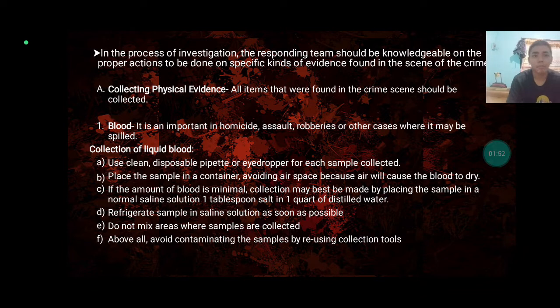So next, blood. It is important in homicide, assault, robbery, and other cases where it may spill. It is categorized in major groups A, B, or O, depending on the condition of the stain.